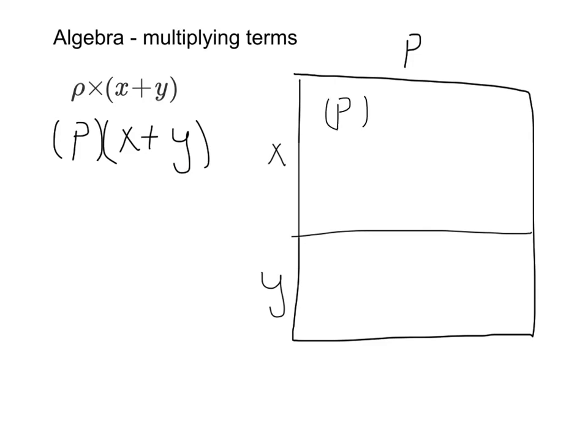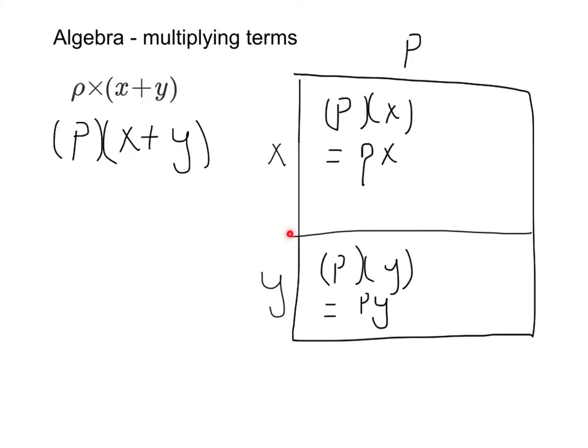That's going to be p by x, which is equal to just px. And down here we have p by y, which is just equal to py. So if we want to get the area of the whole rectangle, we just have to add the area of this rectangle to this rectangle.